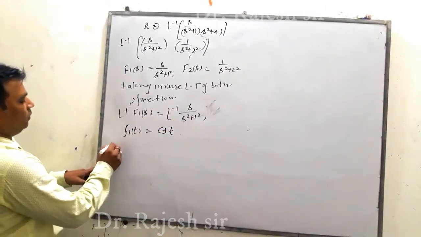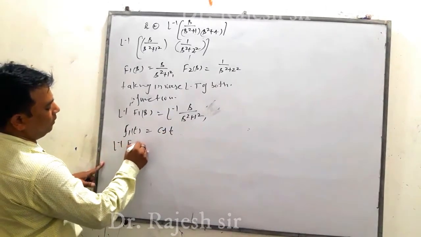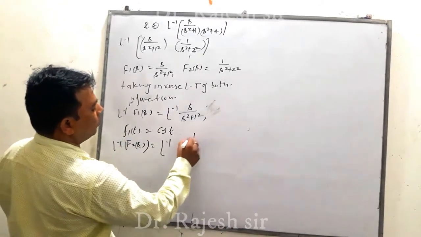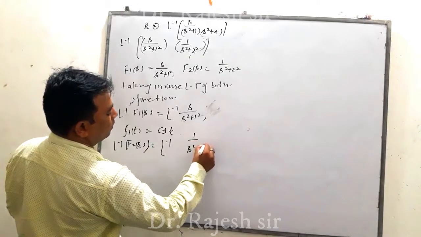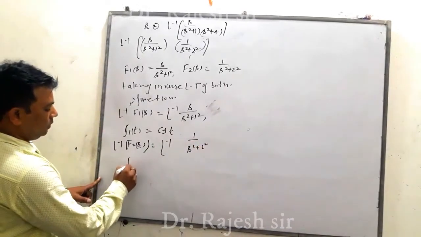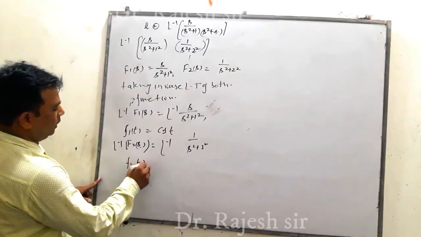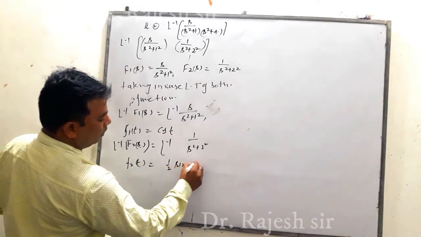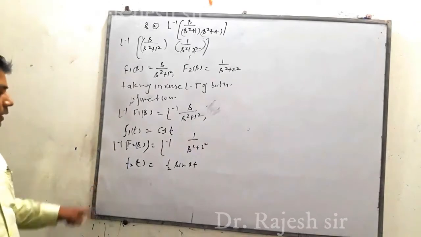And now Laplace inverse of f2(s) equal to Laplace inverse of 1 upon s square plus 2 square, f2(t) equal to 1 by 2 sine of 2t.